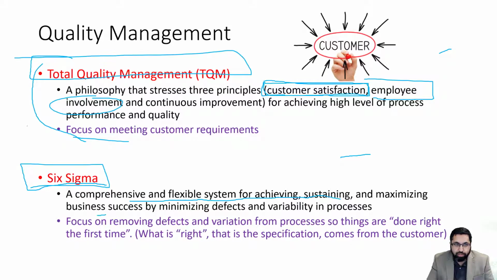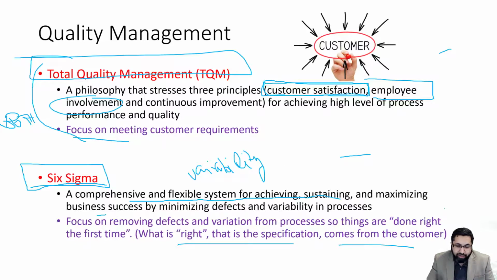You could do both at the same time. Okay, they're not mutually exclusive in any way. Six Sigma's focus is on reducing variability in the system, because as you reduce variability, you can produce consistent, standardized output. And that reduces defects.